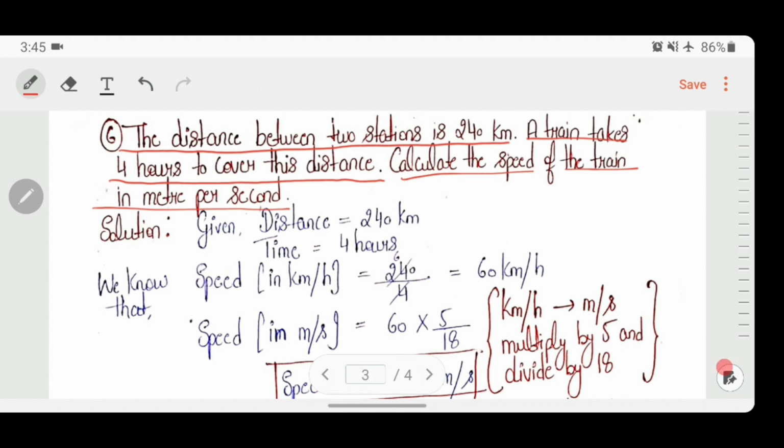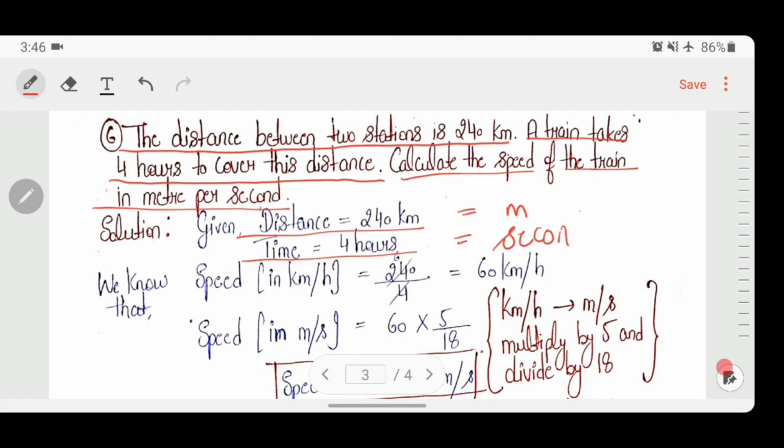So again what you have to do here is that first of all you have to write all the given quantities of the question. So we have the distance, which is 240 kilometers, and time, which is 4 hours. So students, there are two methods of solving these questions. The first method is that you have to convert the distance and time into smaller units, which are meters and seconds.